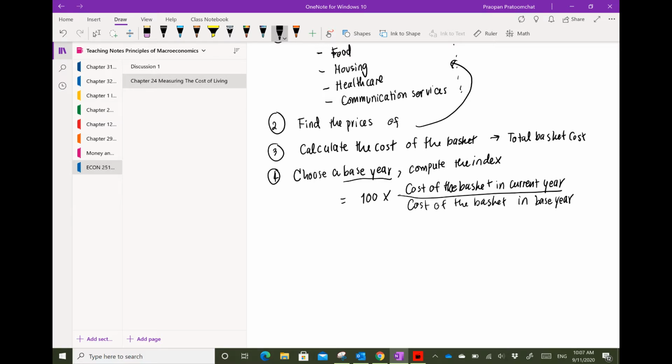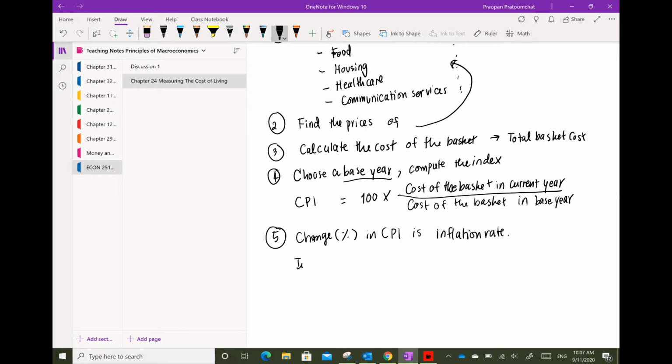Then you get CPI. The change in CPI, if you want the percentage change in CPI, is the inflation rate, right?